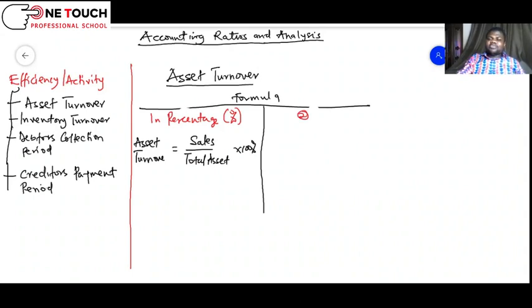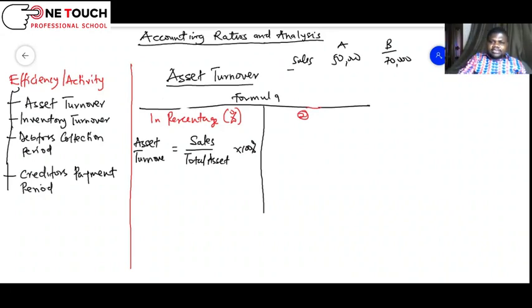So you are saying that you've made sales of 50,000. That is for A. B is saying that he has made sales of 70,000. Is it now to say that B is doing better than A? We must look at the ratio, the asset base. There's a saying that he who much is given, much is expected.